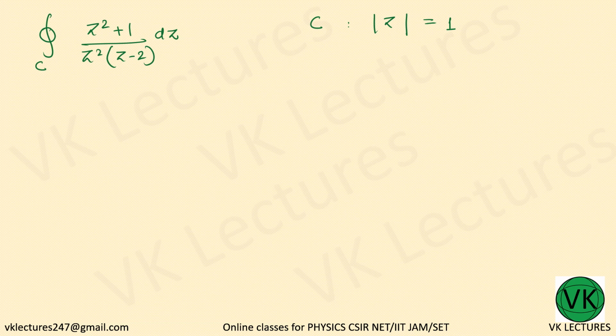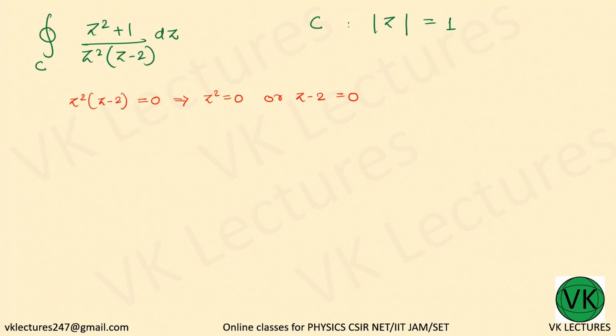Evaluate the closed integral over c of z square plus 1 divided by z square into z minus 2 dz, where c is a circle with mod z equal to 1. Now take the denominator z square into z minus 2 and put it equal to 0, which means either the first term z square equal to 0 or z minus 2 should be equal to 0.